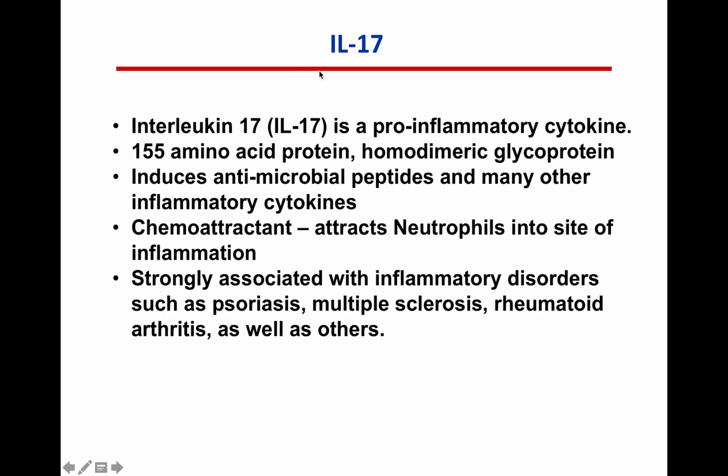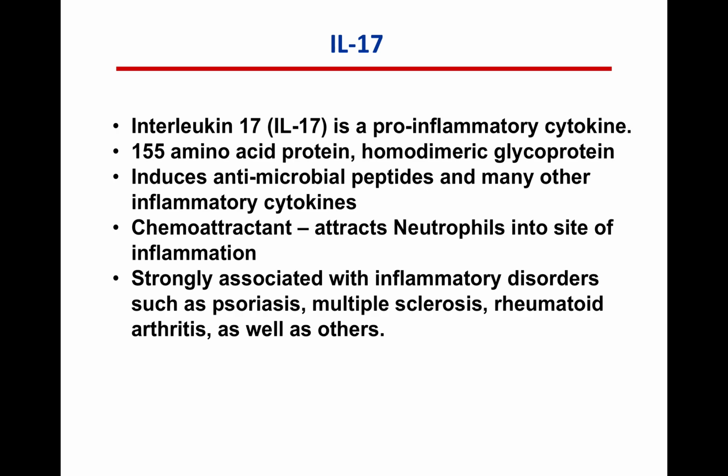It's recognized that this IL-17 induces antimicrobial peptides and many other inflammatory cytokines. It's a chemoattractant in that it attracts neutrophils into sites of inflammation, and therefore sites where there may be infection, or if there's an injury, the need for regeneration and protection against infection. It was also known that it was strongly associated with inflammatory disorders such as psoriasis, multiple sclerosis, rheumatoid arthritis, as well as others.